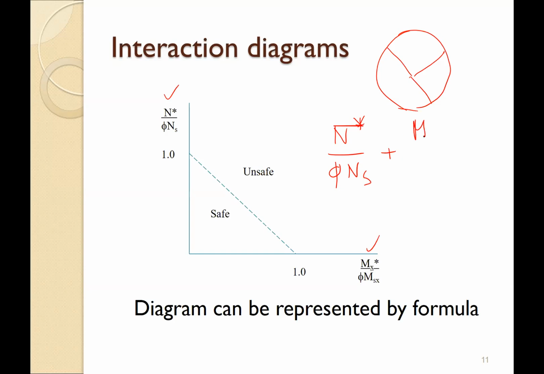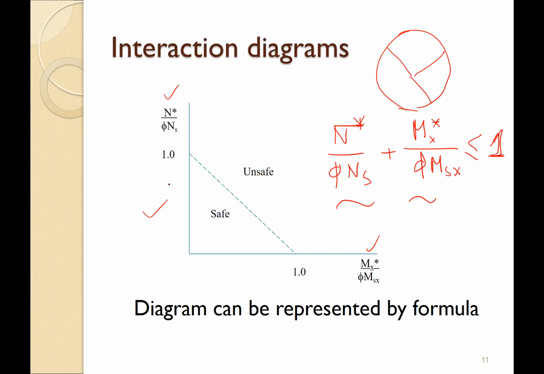Then the sum of the two utilizations, where x stands for the major axis and star stands for the factored load, must be less than or equal to 1. Because this is proportionate, the summation is 1. Proportionate means if the moment is taking 2/3, then the axial force can have a maximum of 1/3.